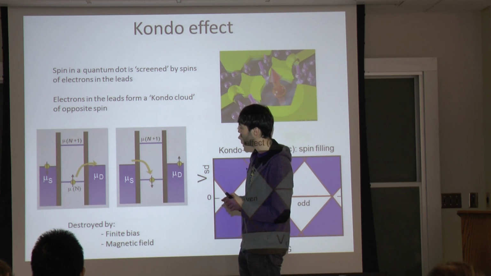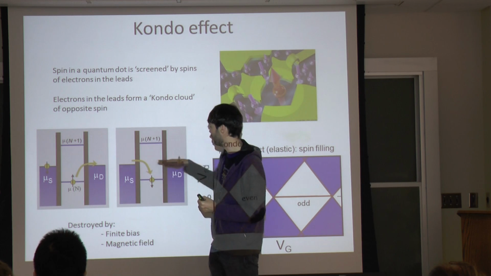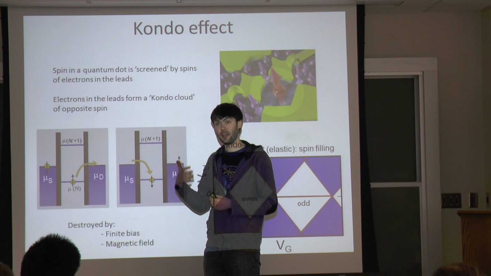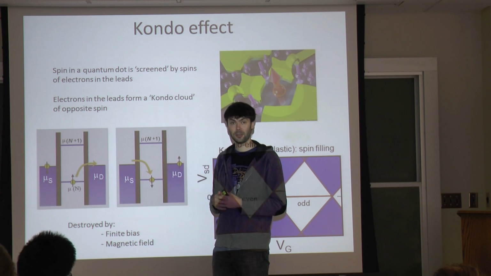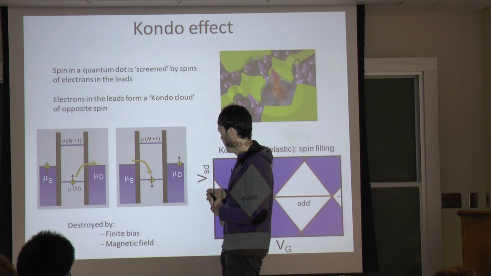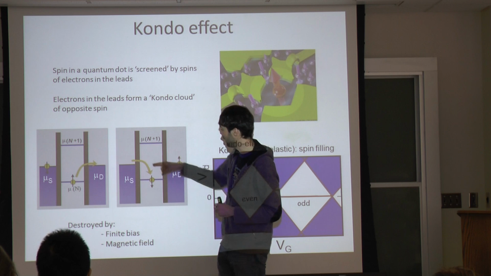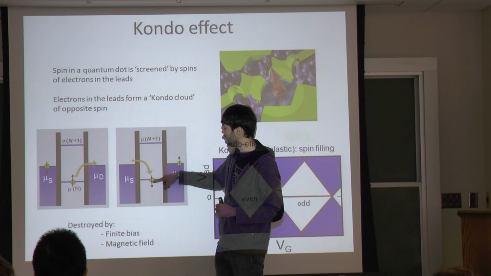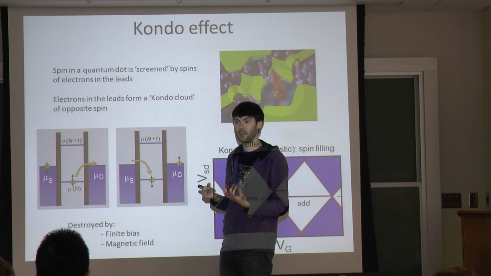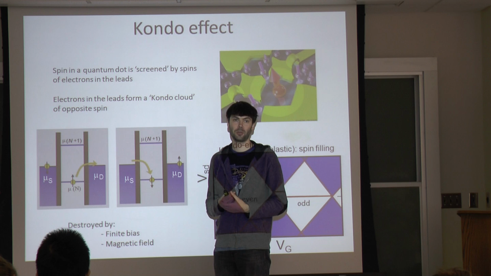Now, note, this only works on resonance when these two levels are aligned. This is a virtual process. It is difficult for it to occur because you need to go to higher orders. And so when you break the symmetry between source and drain, the electron that jumps in and the electron that jumps out would have a different energy. And the probability of this process goes way down.